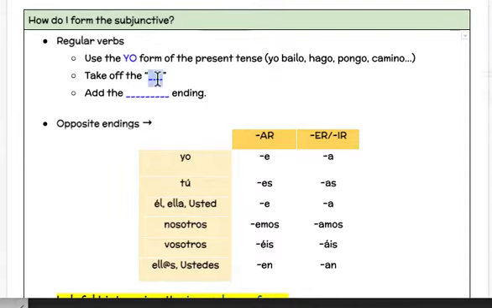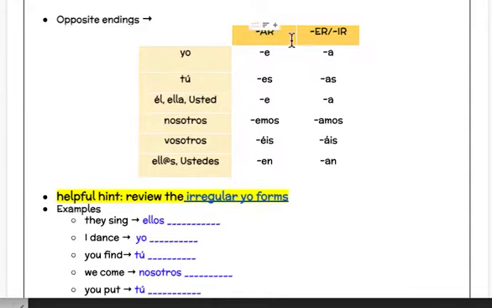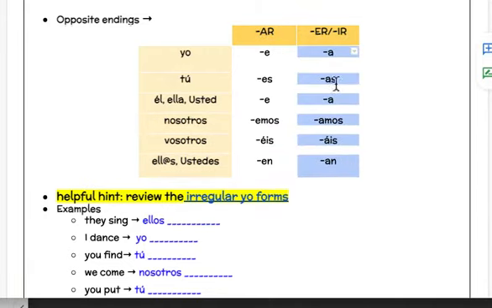Then from the yo form, you're going to remove the o and replace it with the opposite ending. You might be wondering, what does opposite ending mean? Usually with our verbs in Spanish, the AR verbs tend to have endings that end in A's, such as a, as, amos, an.